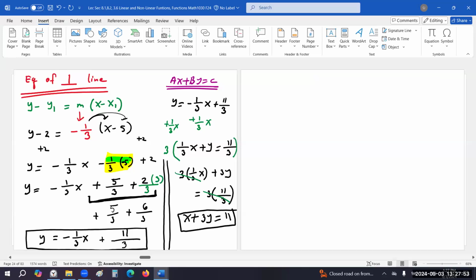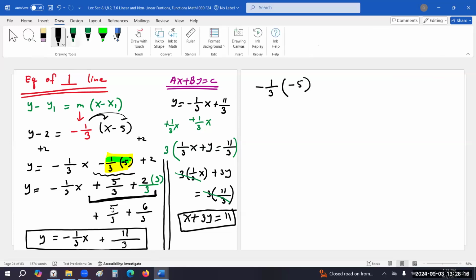So start with fraction. Which fraction? Multiplication or addition? Both. So the first fraction is here. Negative 1/3 times -5. When you multiply, we only multiply the numerator with the numerator. You can think of the whole number as another fraction.